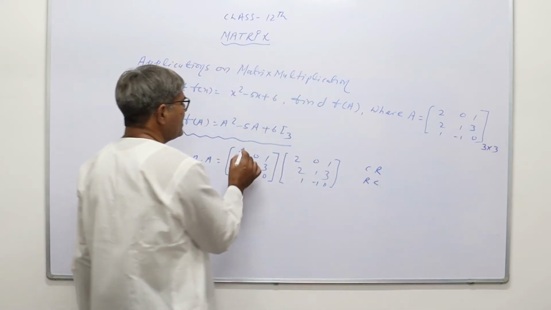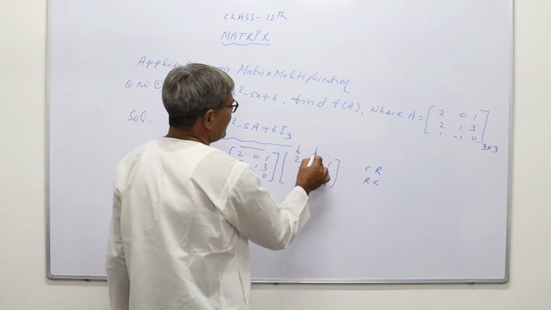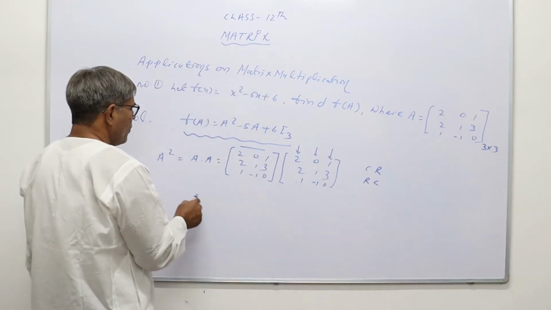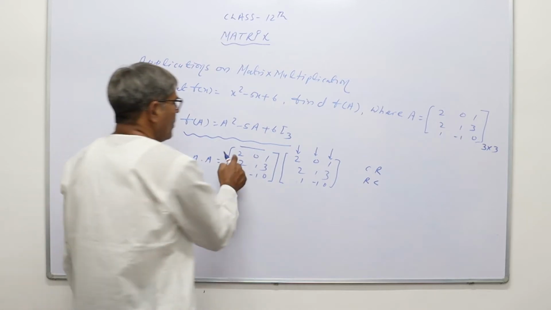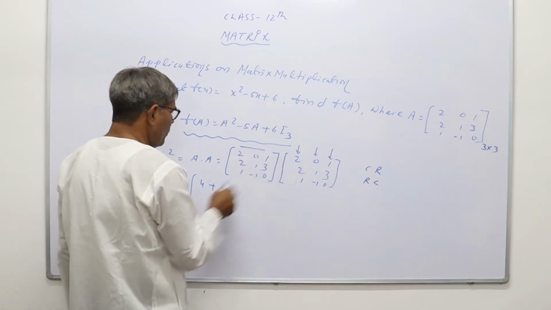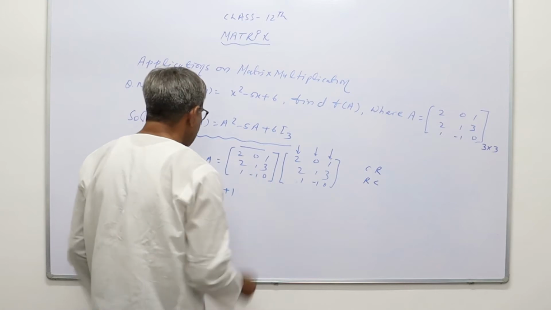So the first row will be multiplied once with the first column, then with the second column and then with the third column. So A² will be equal to 2 into 2, that is 4, 0 into 2, that is 0, 1 into 1, that is 1. That is first row, first column.